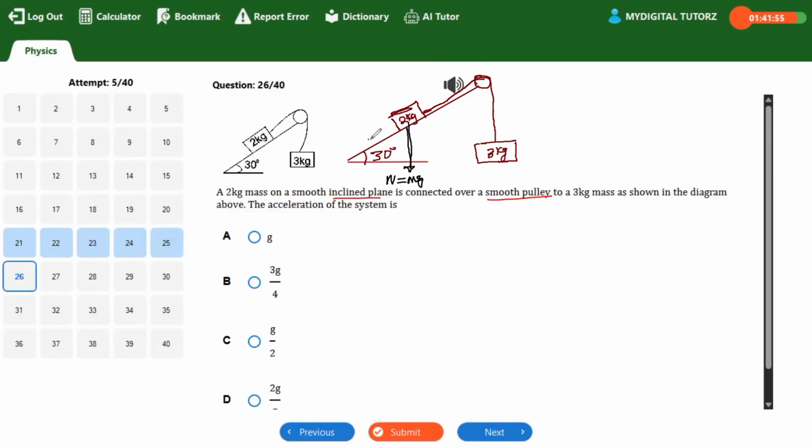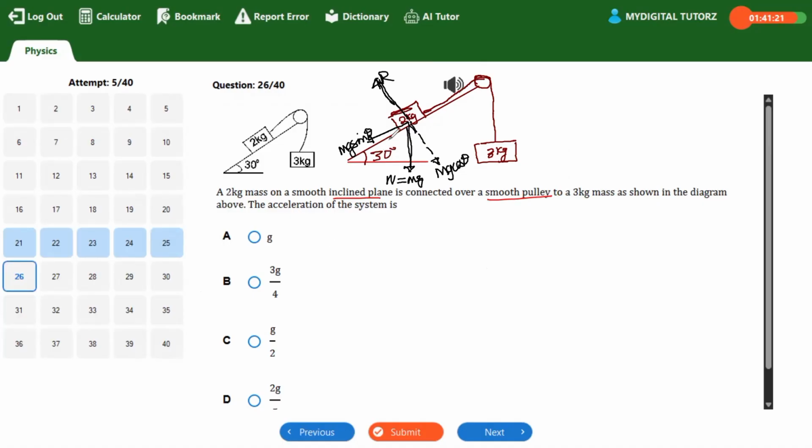So the component of this weight along the inclined plane is found to be equal to mg sine theta. And we have the normal reaction, which is always perpendicular to the plane and equal to the component of the weight perpendicular to the plane, and this is mg cos theta. I have done a video that explains how we arrive at all this. So this is the normal reaction.